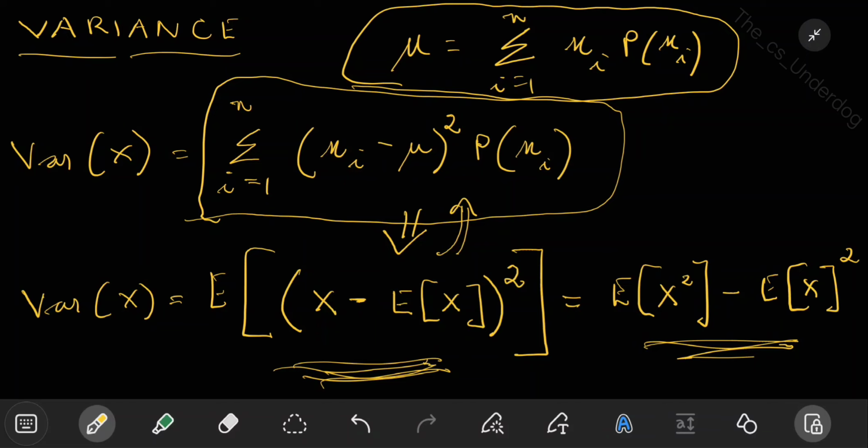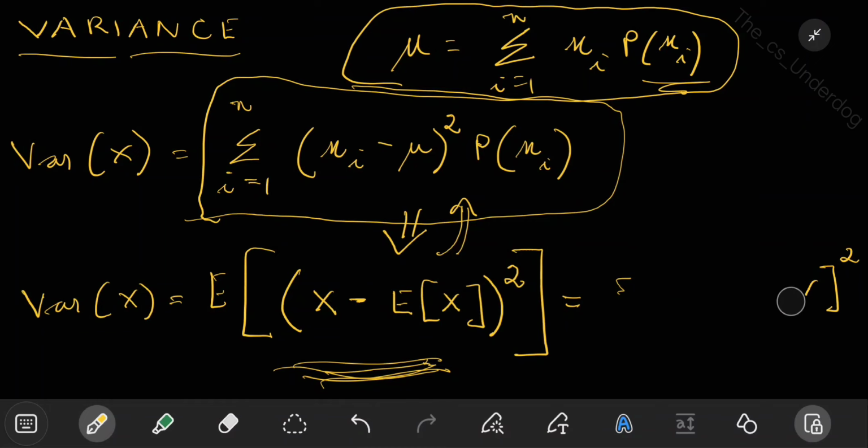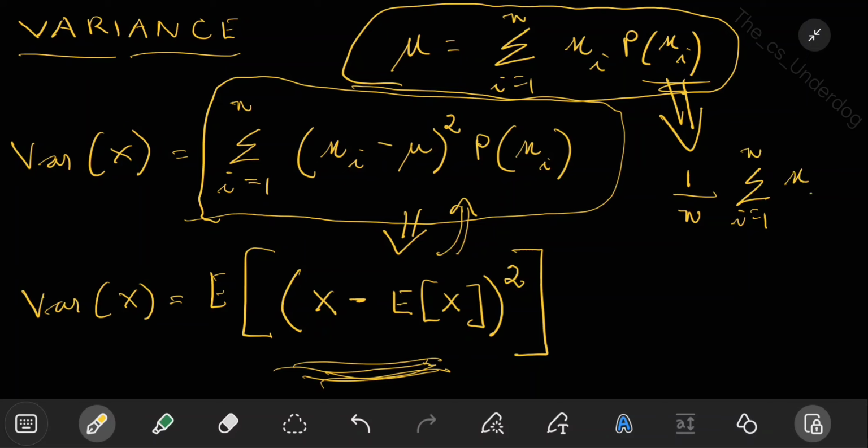In that case, probability won't be significant. If all are equally likely, in that case, what can you do? In that case, you can simply take the average instead of taking expectation. So your mu instead of this will get converted into what? It will get converted into average, that is 1 by n sigma i equal to 1 to n xi, okay?